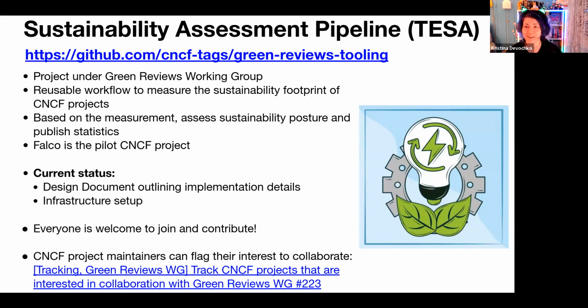We are checking on the copyright and trademarking if this is the abbreviation we can use long term. But what this basically is, it is the TAG Environmental Sustainability's assessment pipeline. So we found TESA to be the nicest abbreviation we could use for now.